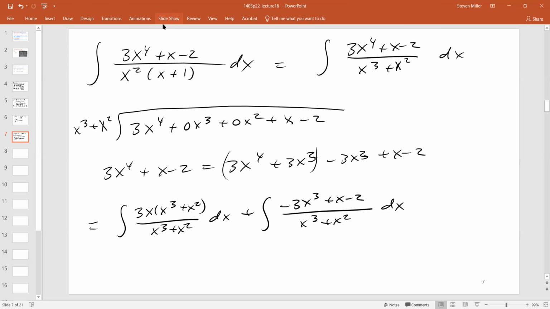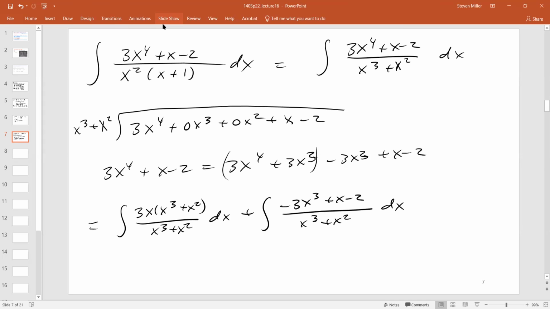And now what's the first integral going to be the integral of? Yeah, just 3x dx. And what function has derivative 3x? So 3x.